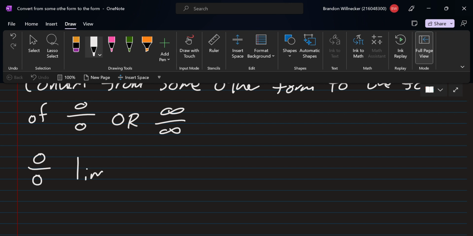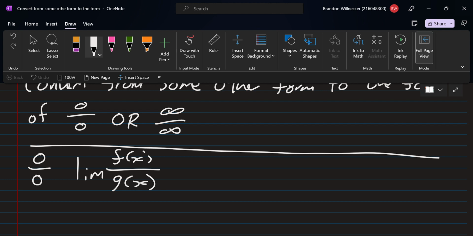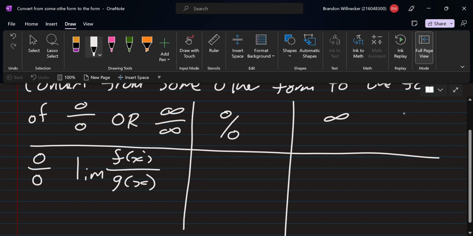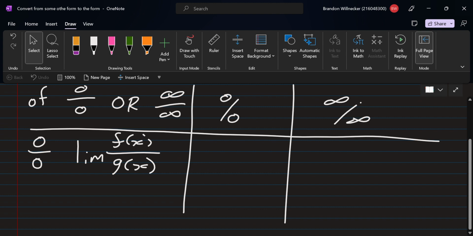Okay, so this is if we have something like the limit of f of x over g of x, where the top and the bottom have limiting values 0. Now, in the table here, we're going to have 0 over 0 for the first part, infinity over infinity for the second part. Okay, this is already in the form 0 over 0, so we don't need to worry about that.